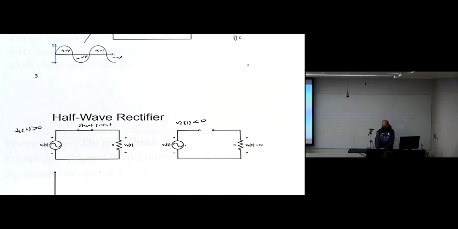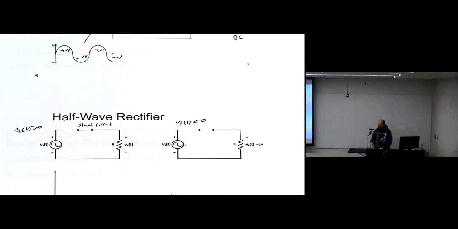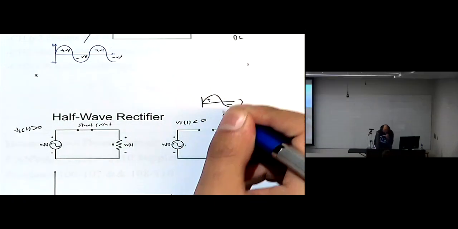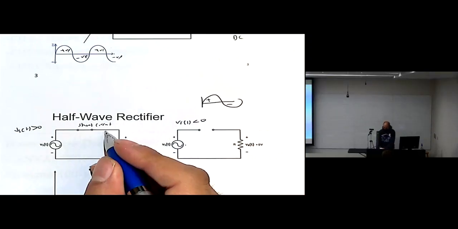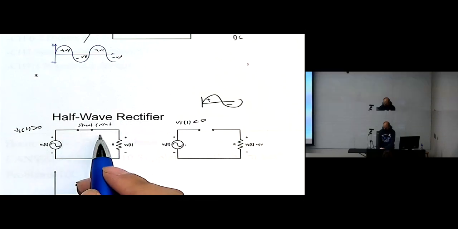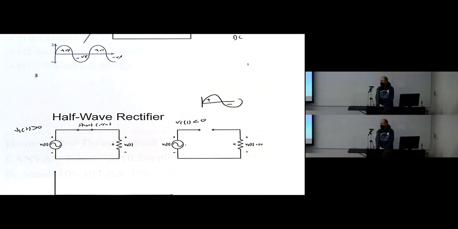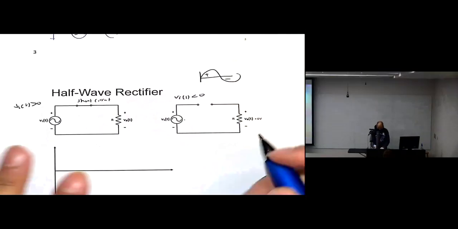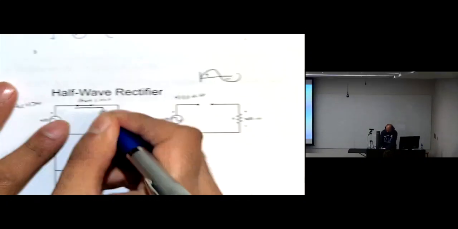So we have two equivalent circuits, since Vs of t has a positive and a negative cycle. The first equivalent circuit is when it is positive: the diode will be positive, so it will be a short circuit. And when it's negative, the diode will be an open circuit. Is that clear? Now, how can we plot the waveforms? If you want to plot Vr of t, we know if it's a short circuit, the current should flow.